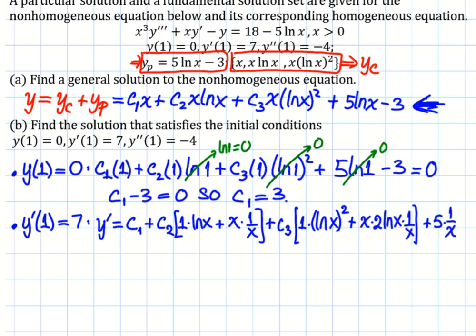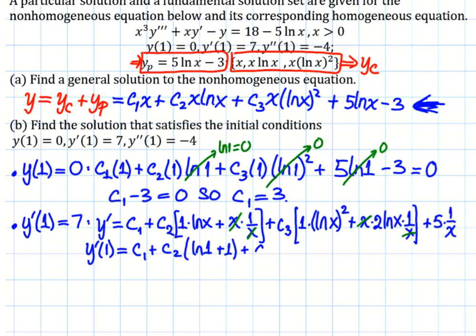And then we will put 1 in for x, and this is supposed to be equal to 7. So we say y prime of 1, C1, C2, ln of 1, x and x cancel out, that plus 1, plus this x and this x cancel out.